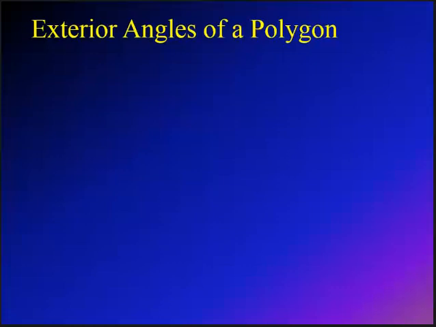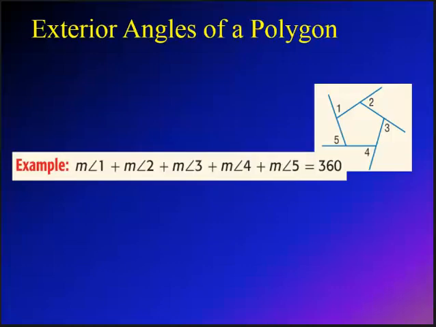Okay, so that deals with interior angles on the inside. Now we have exterior angles, the outside of a polygon. In order to find our exterior angles, just like we did in a triangle, we're going to extend the sides to create these angles on the outside at each vertex. Notice it makes a circle when we do that. How many degrees are in a circle?